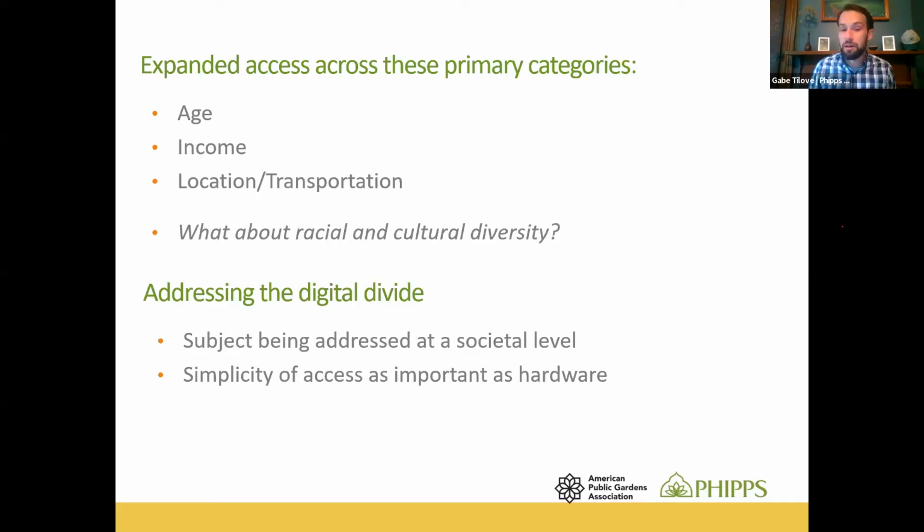Just an example, Pittsburgh Public Schools is distributing thousands of laptops to homes this fall because they need to address it at a large scale level. Larger foundations are looking at internet access and home technology access. So it's important to understand that it does factor into access to our programs, but I don't expect gardens in their program development to be addressing the digital divide.